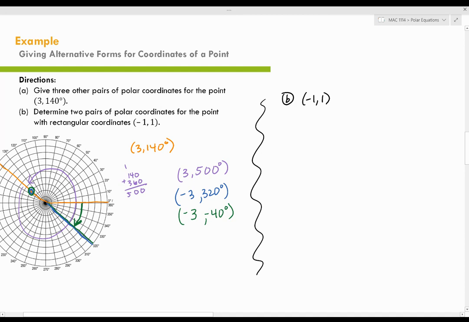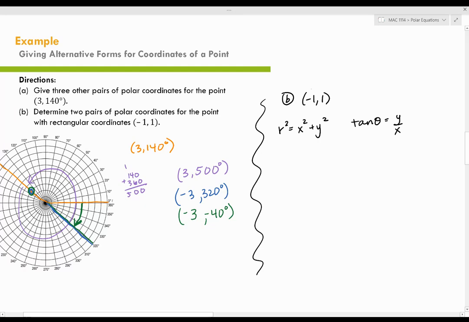If you remember those conversion factors that we looked at earlier, when we were converting from polar to rectangular, our other 2 conversion equations were r squared equals x squared plus y squared, and tangent theta equals y over x. These conversion factors allow us to take our rectangular coordinates and change them into polar.